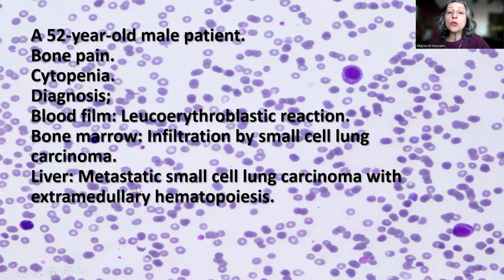And then the liver showed metastatic small cell lung carcinoma presenting as small nodules that were seen as innumerable liver lesions on imaging, and definitely correlated with the findings in the liver, as well as evidence of extramedullary hematopoiesis, with the presence of megakaryocytes as well as immature myeloid elements.